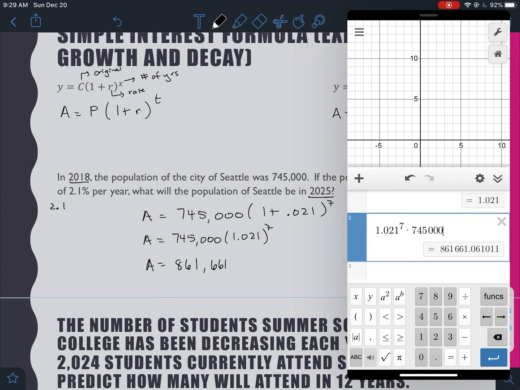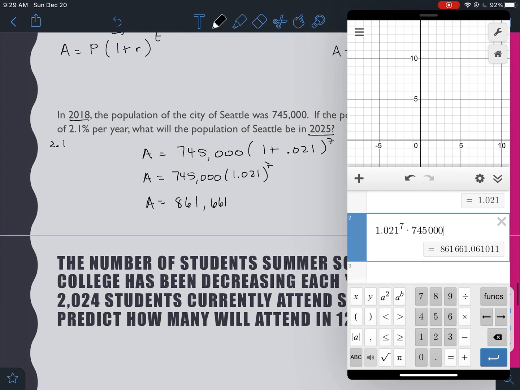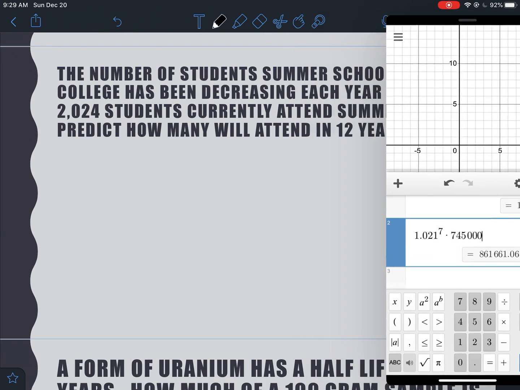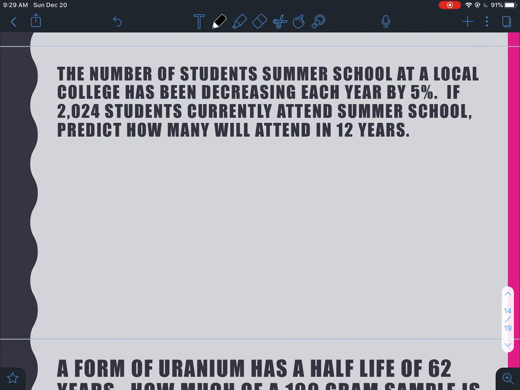And we get 861,661, and we won't write it as a decimal because this is the number of people. So that would be the population of Seattle in 2025, or the estimated population of Seattle in 2025.